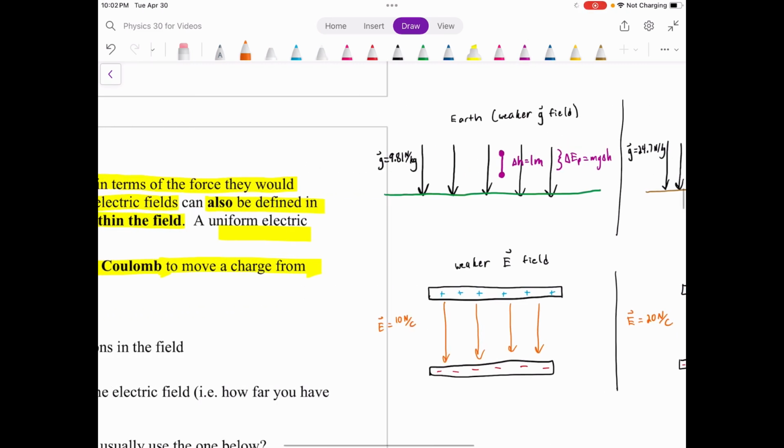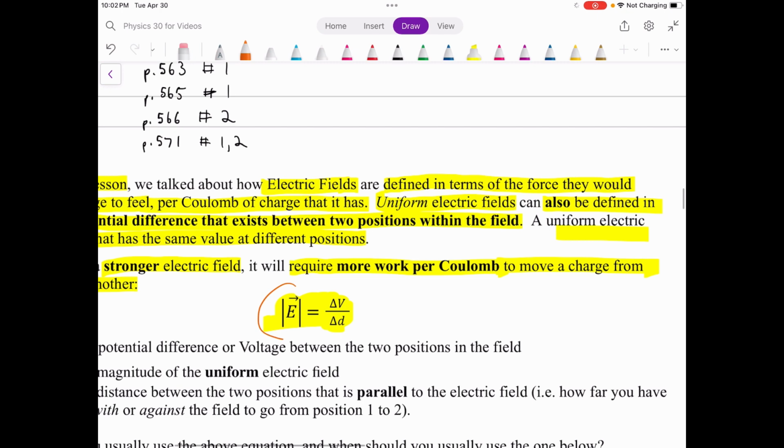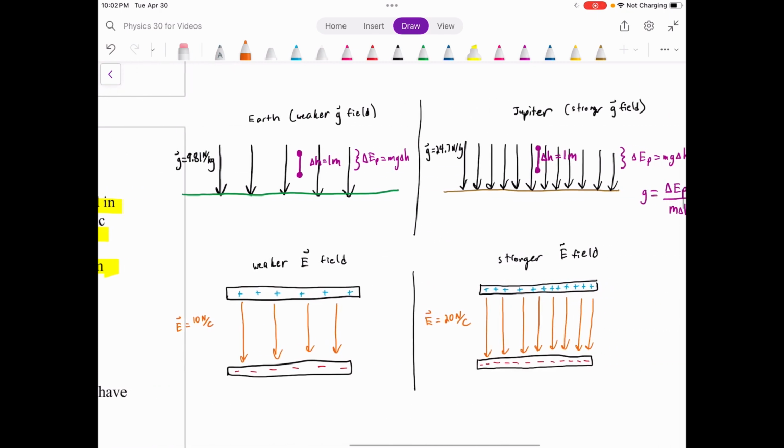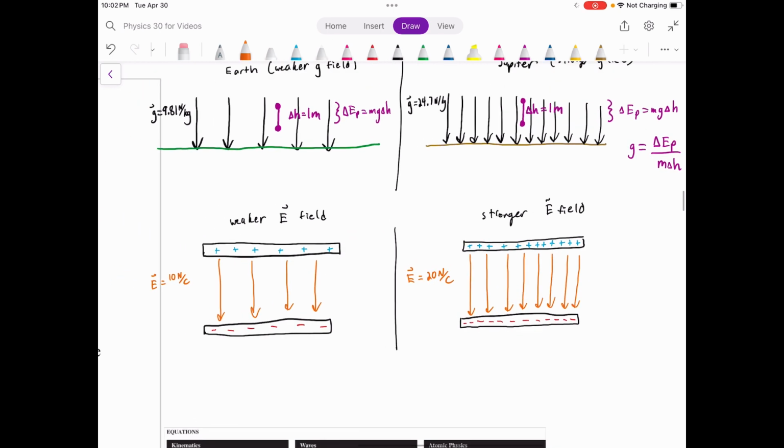Now that is all this equation is talking about, except in an electric field, not a gravitational field, okay? So it's the same idea. It's saying if you were to move some distance from one point to another in this weaker field, let's just once again say it's 1 meter, and do the same in this stronger field, there's going to be a difference in potential energy between those two positions in both fields, right?